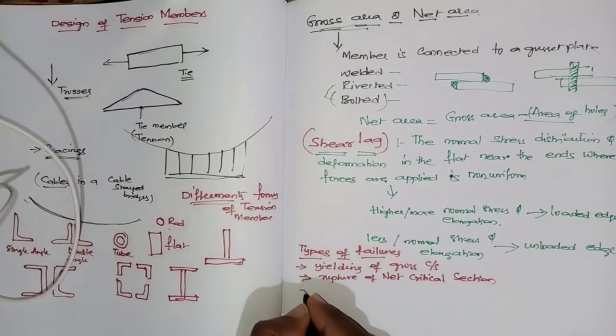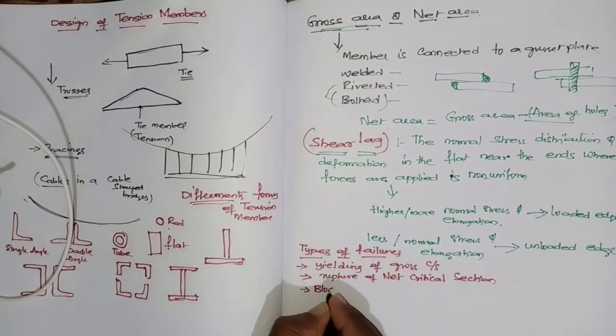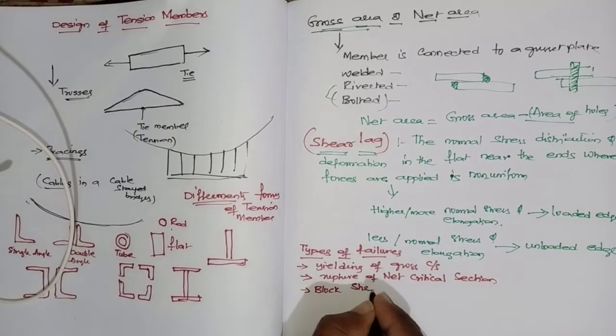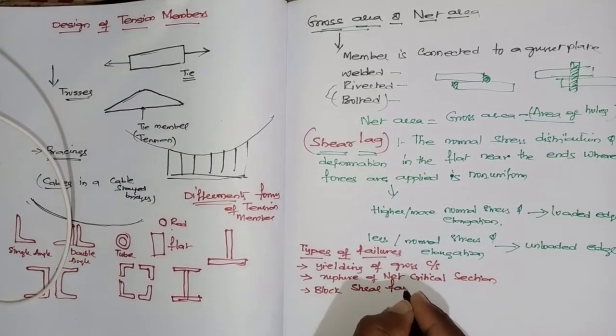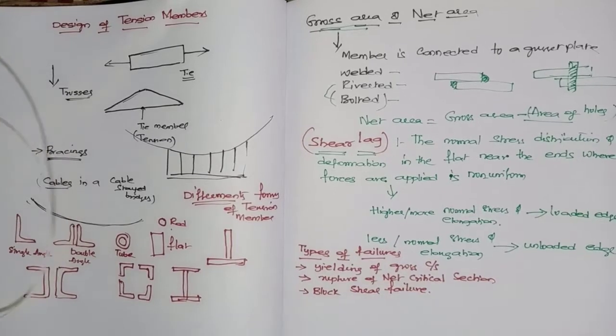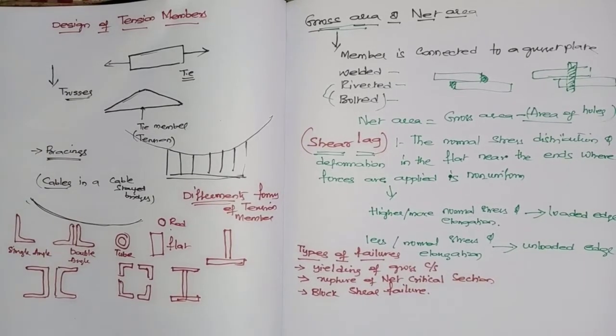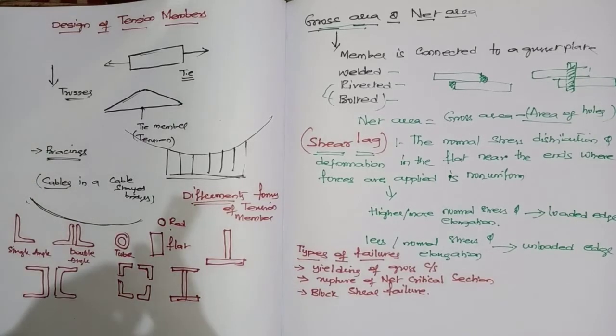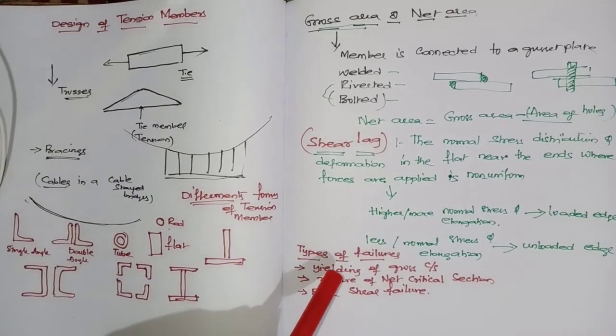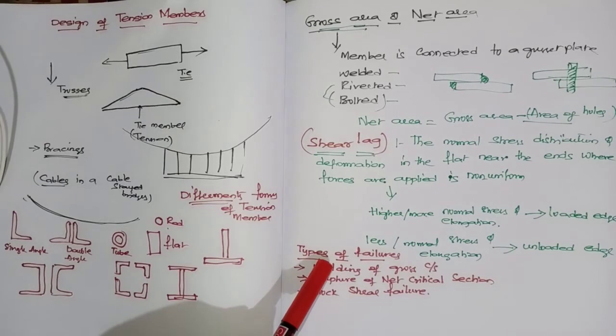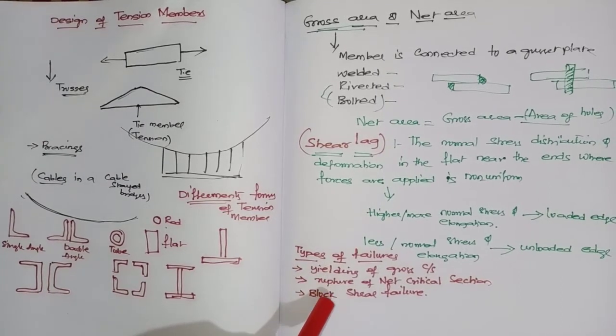Next, block shear failure. Okay, these are the three types of failures we can expect in a tension member. And while designing the tension member, we will be checking with respect to yielding, rupture and block shear.